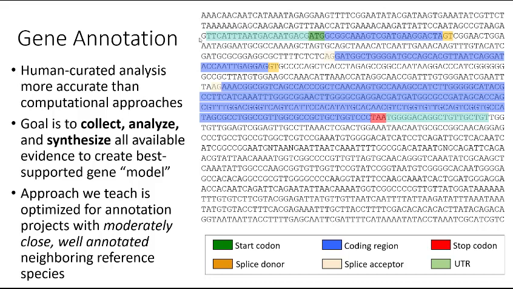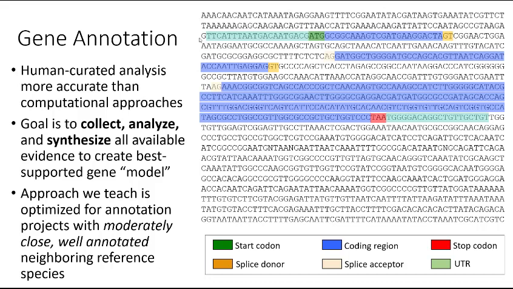There are a lot of tools and programs that have been written to try to aid in this process of locating where genes are on raw DNA sequence. And I just want to highlight that at this point, human curated analysis is actually more accurate than any of these computational approaches.